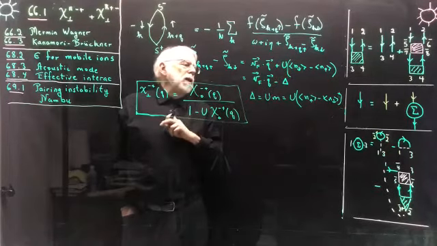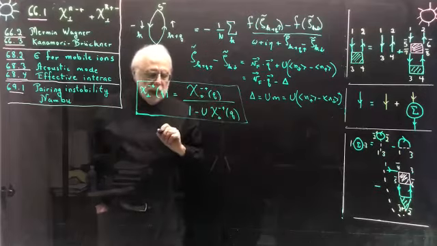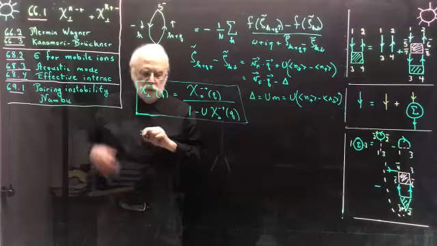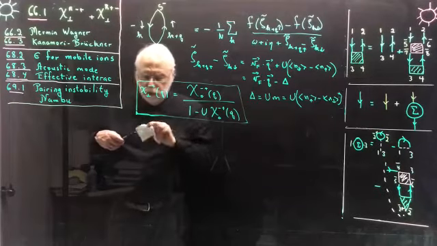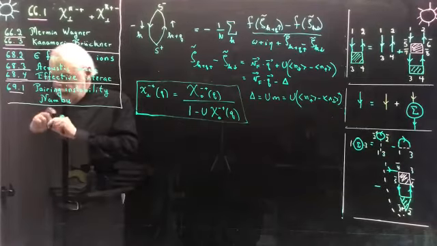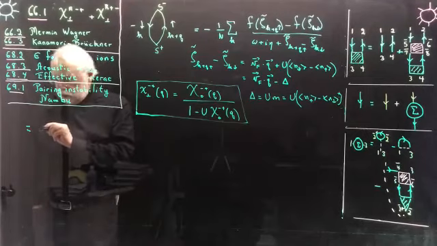Okay, so let's substitute this inside here, and we have that this is equal to minus 1 over n.